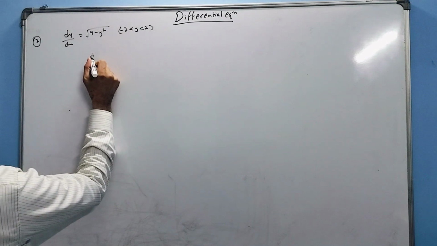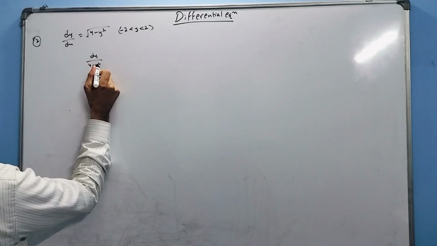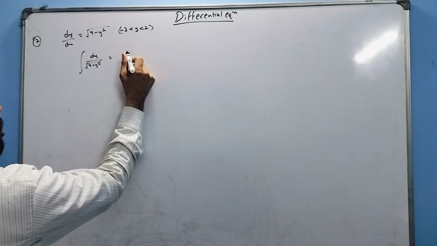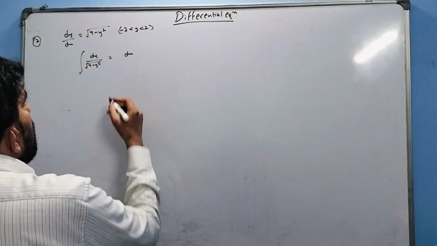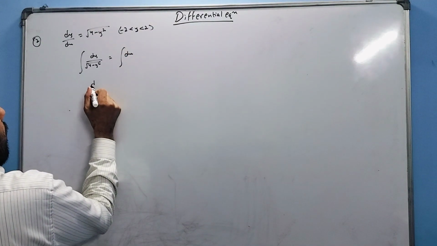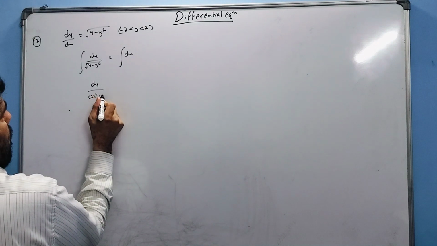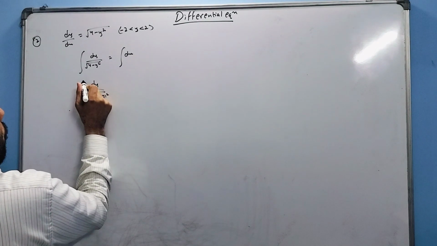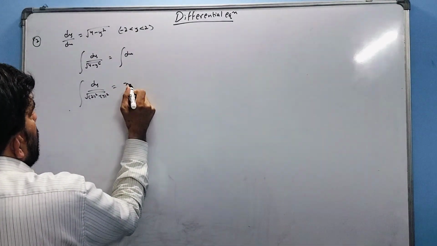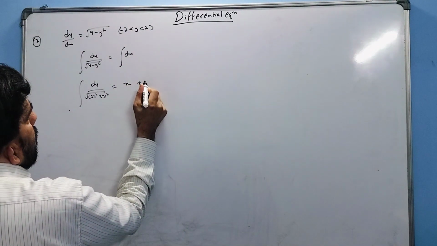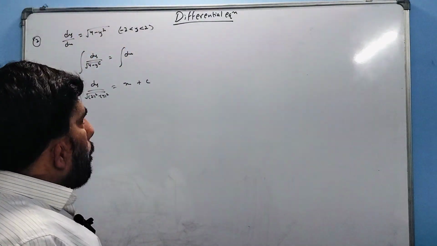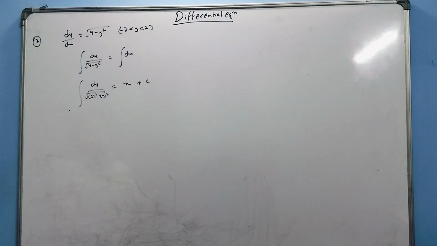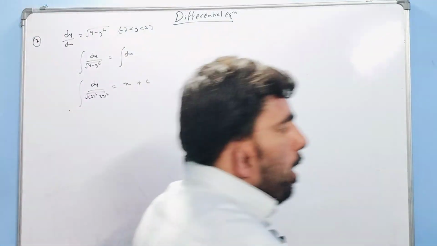How can we solve? dy upon under root of 4 minus y square is equal to dx. Okay, so what can we do here? We know that it will become this. So I can write like this: under root of 2 square minus y square, dy is equal to dx. Now integrating, we get x plus c. So now we need to solve this. We need to apply the formula of 1 upon under root a square minus x square.